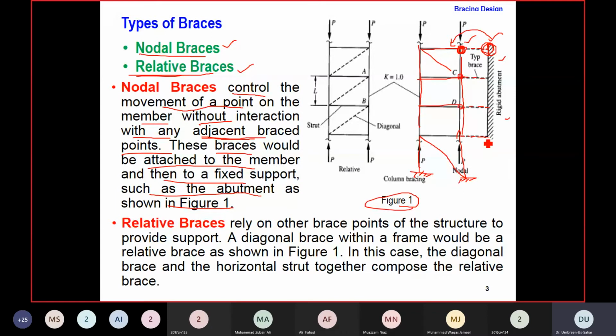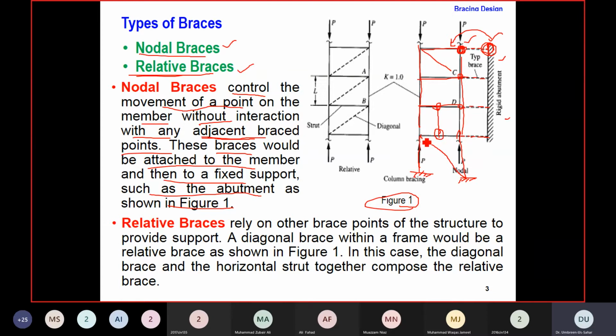This is horizontal. This nodal brace may be vertical. You can provide a vertical nodal brace with the same condition that on one side it needs to be connected to the frame being braced, and on the other side any other system that may be rigid or fixed. Practically that would not be provided as a brace for the steel frame itself.